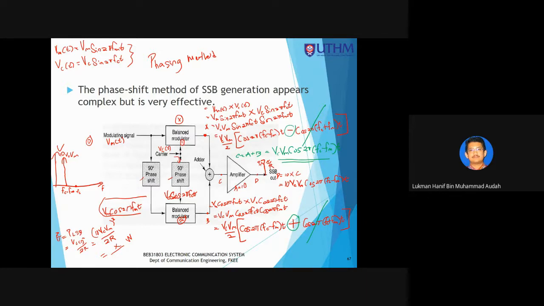Contohnya tadi VMT diberikan sebanyak katalah 10 sin 2 pi, katalah frekuensinya adalah 10k T. Dan kemudian VCT sebanyak katalah 50 sin 2 pi, katalah 900 kilo kali 10 kuasa 3 T. So from here you should arrange the equations.